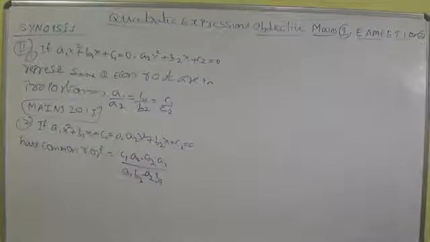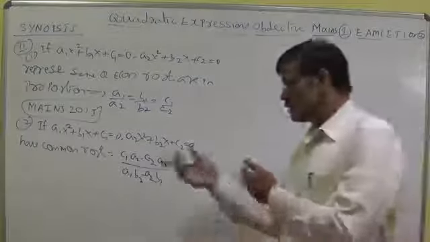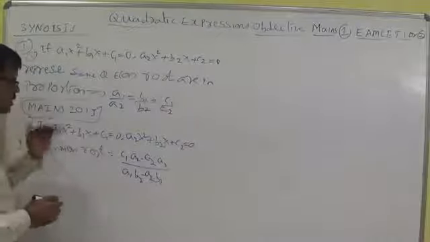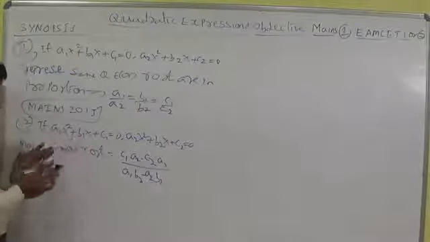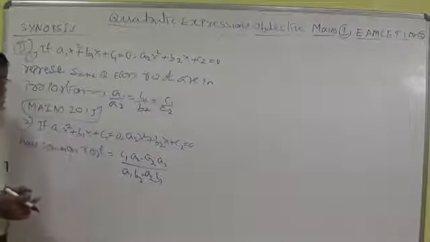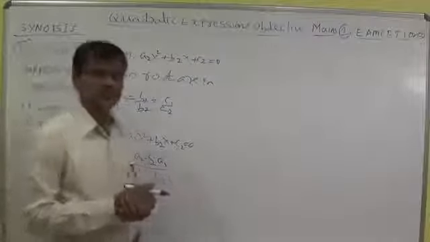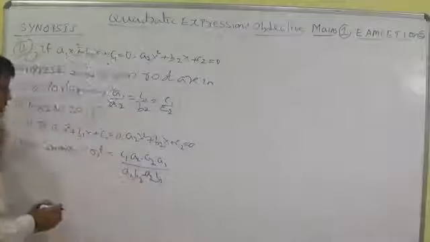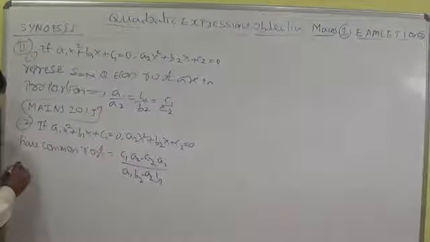The theorem is the concept, but here, given any common root for the two quadratic equations a1x square plus b1x plus c1 equal to 0 and a2x square plus b2x plus c2 equal to 0, the common root you can directly say is the formula c1a2 minus c2a1 by a1b2 minus a2b1.